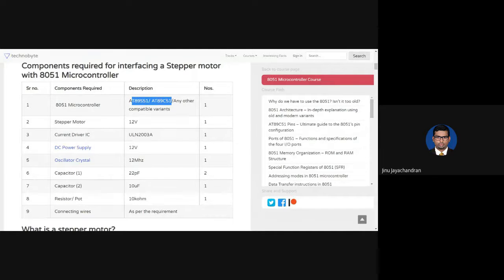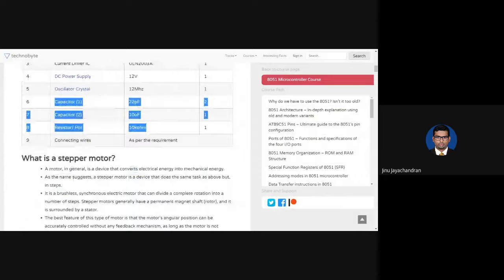Then there is a stepper motor, which is 12 volt. An important part is the current driver IC, ULN2003A. We will see in detail why we need this IC. Then there should be a power supply, an oscillator crystal for the controller, some capacitors and resistors for the reset pin, and some connecting device.